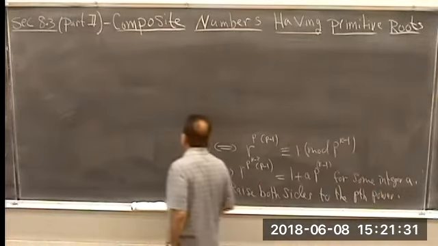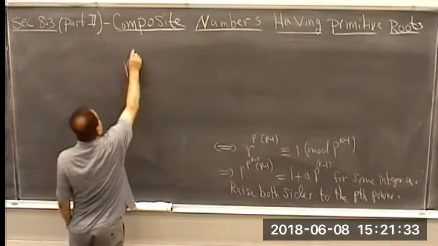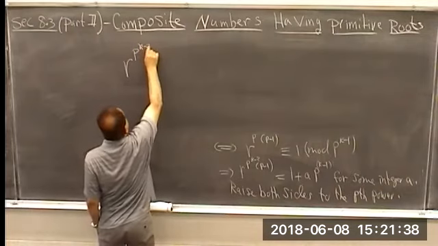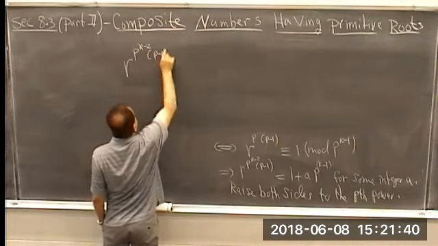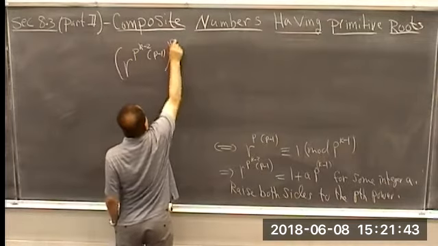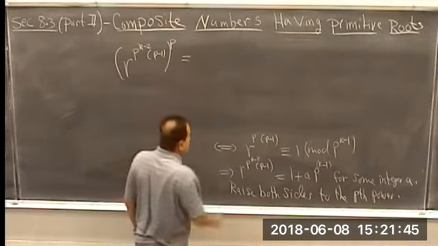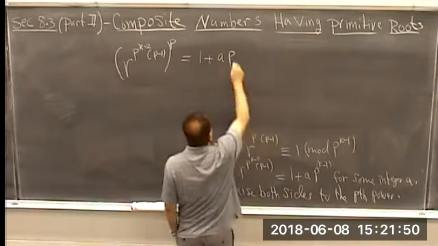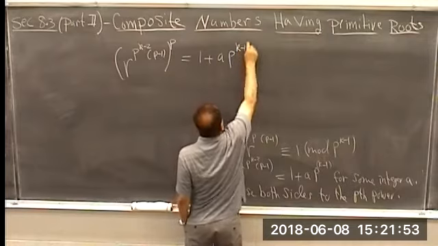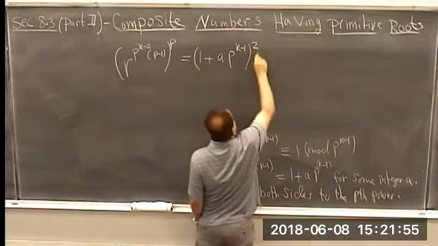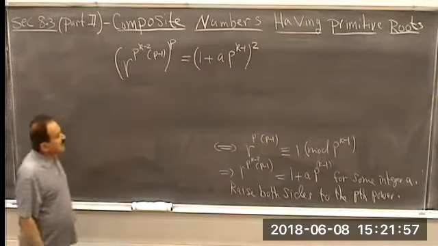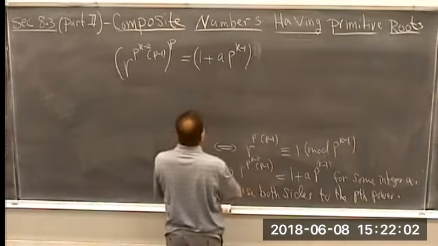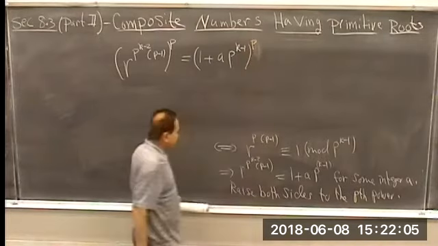So what we get, of course, r to the power p^(k-2)(p-1)p, and this is equal to (1 + a p^(k-1))^p. There are some similarities in the proofs, and of course this is the pth power, so we're going to use the binomial theorem to expand the right-hand side.